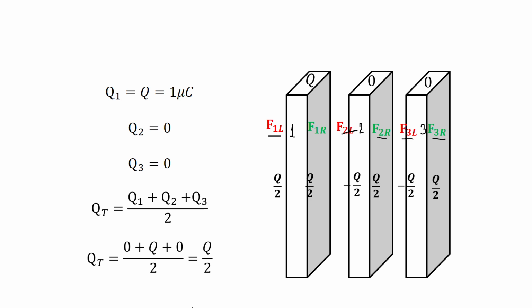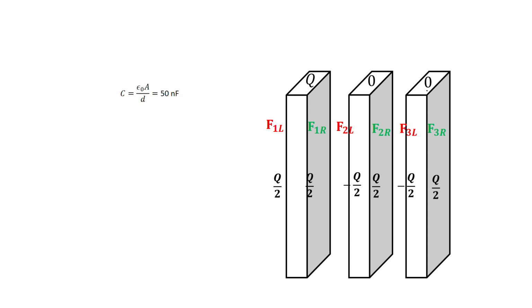Since the third plate is neutral, you can verify: we earlier calculated that this value has to be Q by 2, and this value, calculated starting from our left face, comes out to be minus Q by 2. So minus Q by 2 plus Q by 2 equals 0, which was the initial charge given to the third plate. So we can verify the charge distribution also.